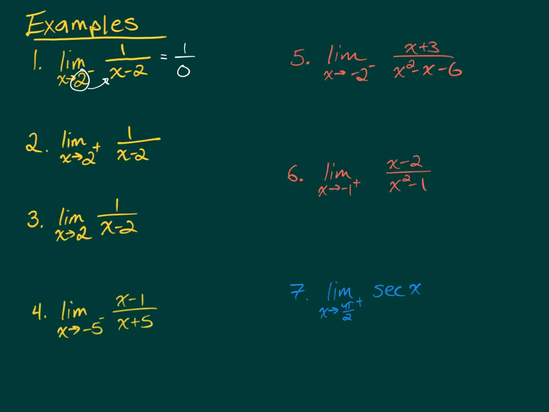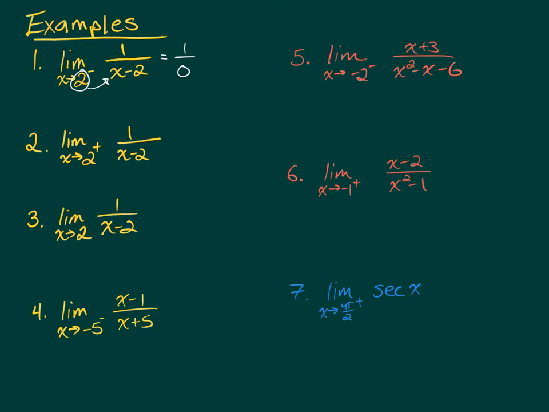Now, in order to get this answer, we need to use a little bit of logic. As we're approaching 2 from the left, that means we are picking numbers that are less than 2. And if you substitute those numbers that are less than 2 in for x here, you will end up with a negative fraction.